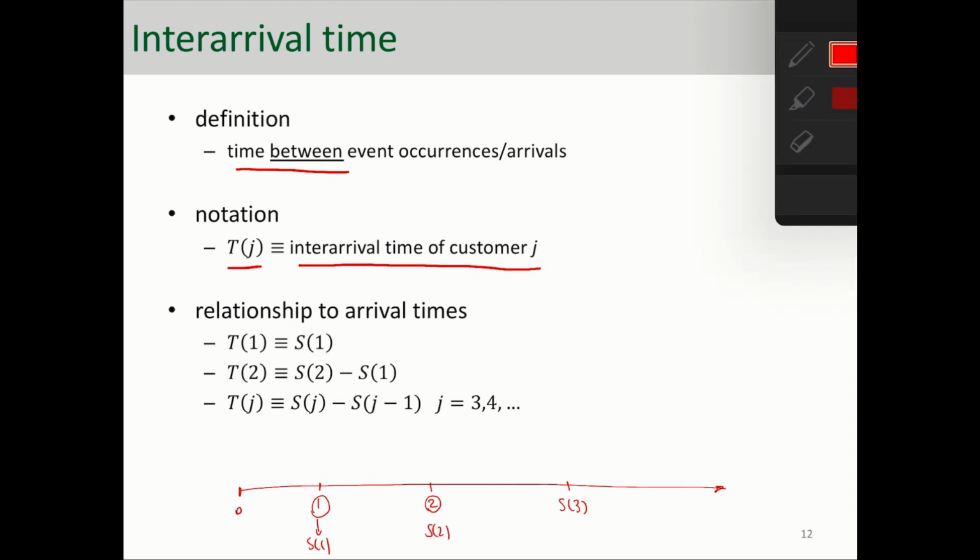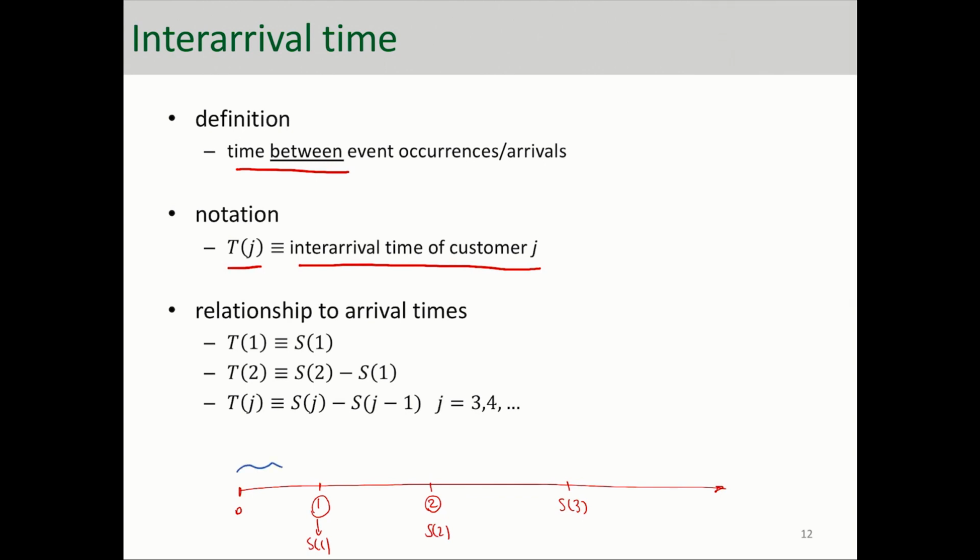In the meantime, we have these inter-arrival times. So this is T of 1. This is T of 2. T of 2 is the time that it took for the second customer to arrive since the first customer. And T of 3 is the time that it took since the second customer arrived for the third customer to arrive. So these are inter-arrival times.